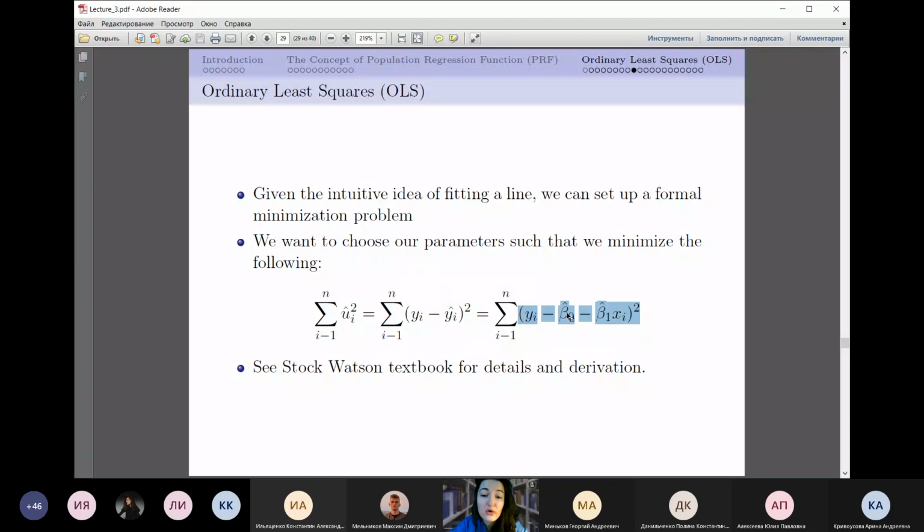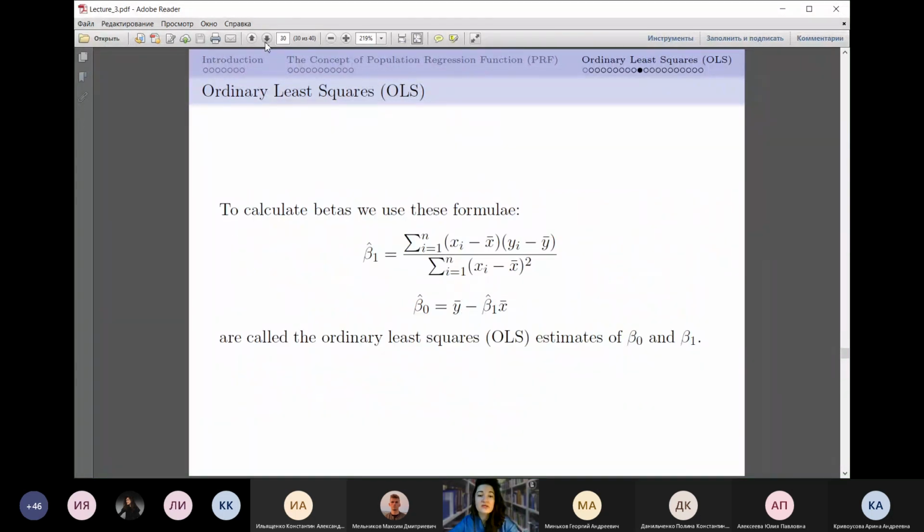And when we solve this equation, we can easily find beta 1 and say that these parameters are the best ones. But the main rule, when we can say that they are the best, is if we hold all the assumptions of the ordinary least squares method. So let's again take a look, how can we do this?